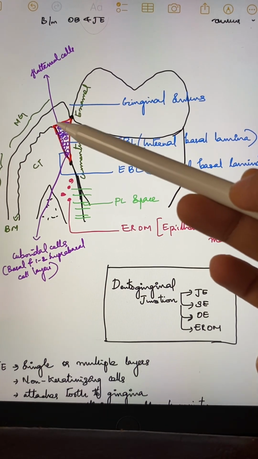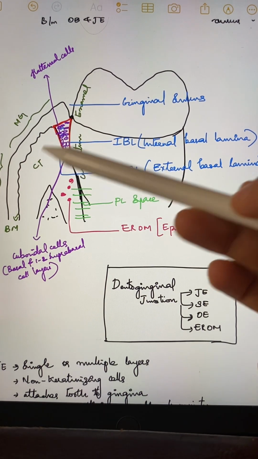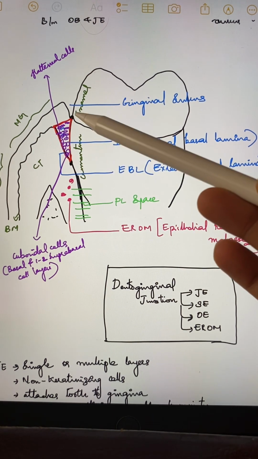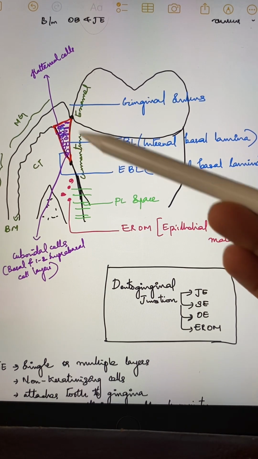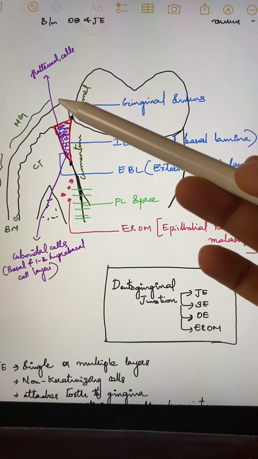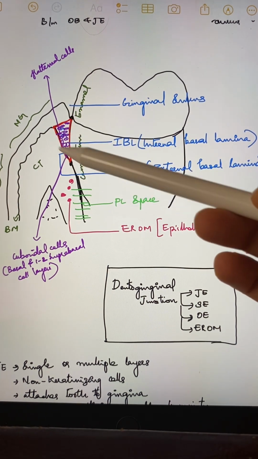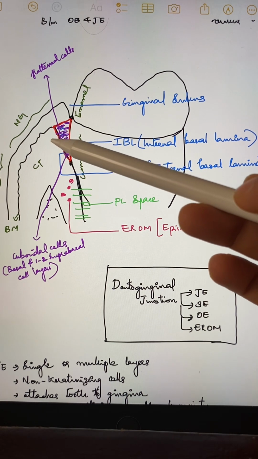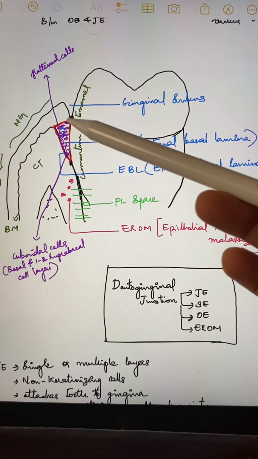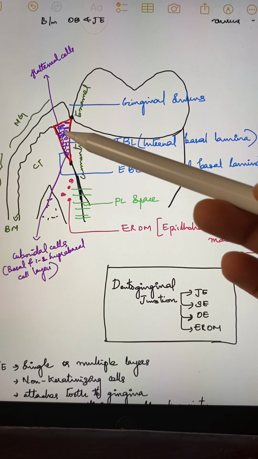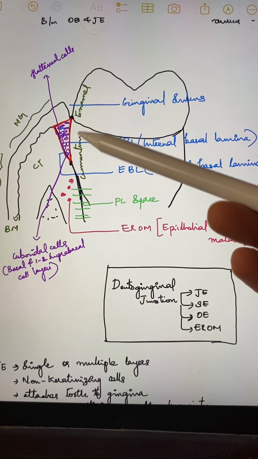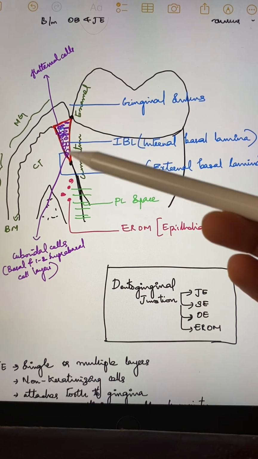This side is attached to the connective tissue, this side is attached to the tooth surface, and here it is attached to the sulcular epithelium. So it has three different parts. The area which attaches to the connective tissue is known as the external basal lamina, and the part connecting to the tooth surface is known as the internal basal lamina.